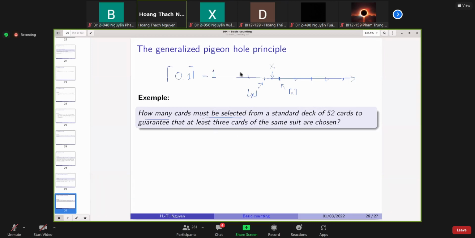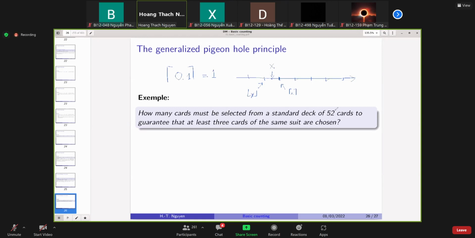So here is a question. Suppose that you have a standard deck of playing cards, that is a deck of 52 cards. And you want to take out a number of random cards so that among the chosen cards there are at least 3 cards of the same suit.